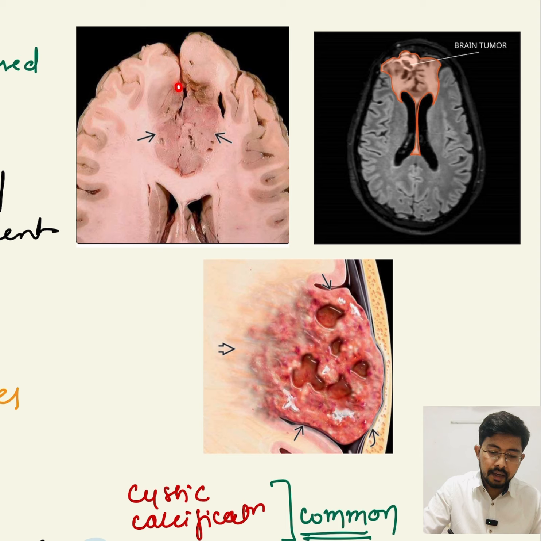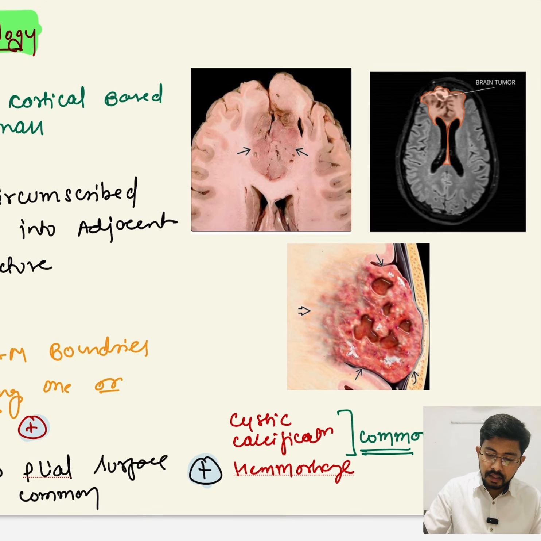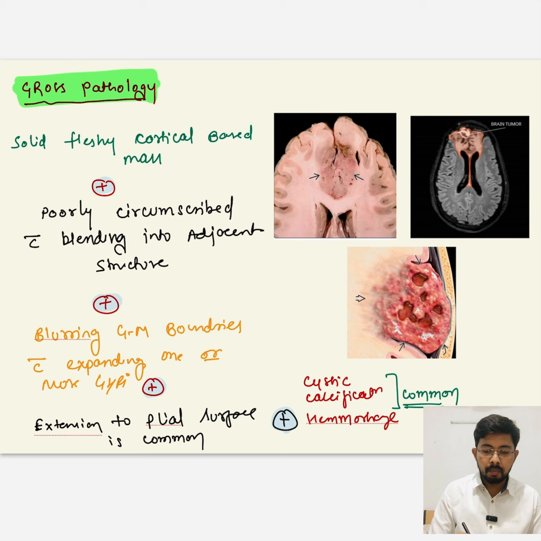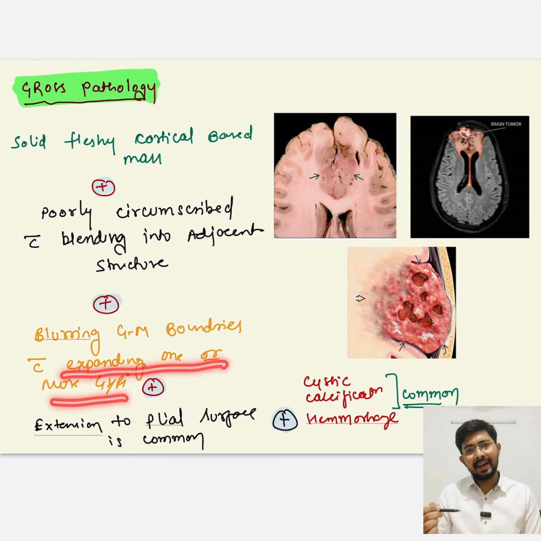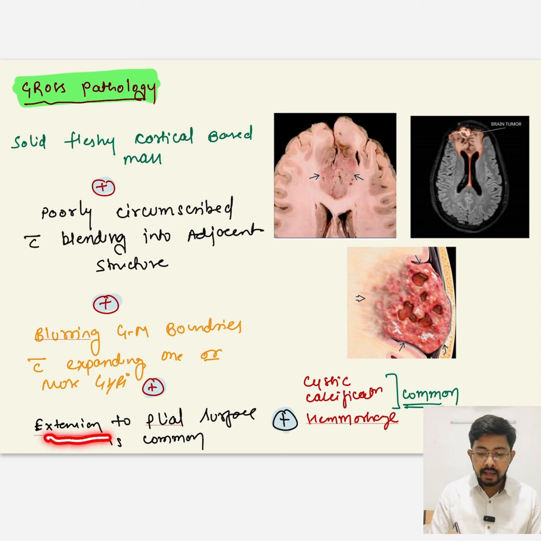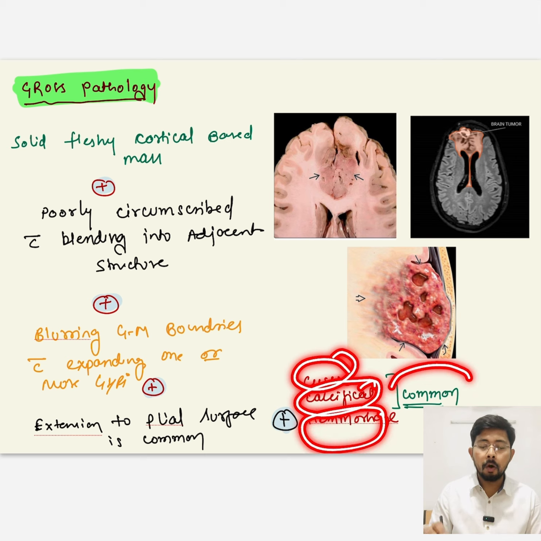So this is an ill-defined mass at the gray-white matter junction with expansion of the gyri. Here also we can see pial involvement with calvarial expansion. Extension to the pial surface is common for this tumor, and cystic change, calcification, and hemorrhage are common.